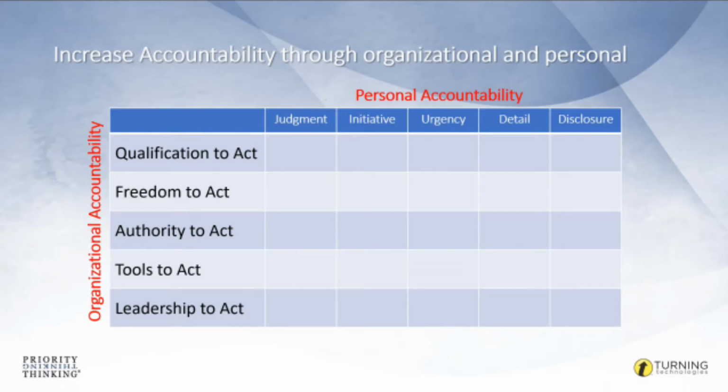So if you look at those 5 qualities, and then you look at the structural things, then you can begin to go through each box and ask yourself, how are we doing as an organization in cultivating their judgment? For example, judgment aligned with freedom to act is, how do we see if they're choosing the right thing to do? A lot of the ethics problems that organizations have is they become too relative in their thinking about competing goods.